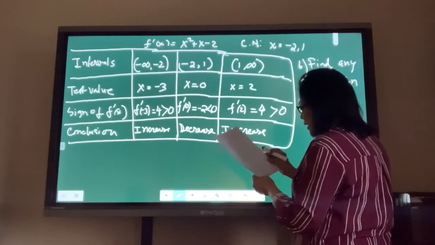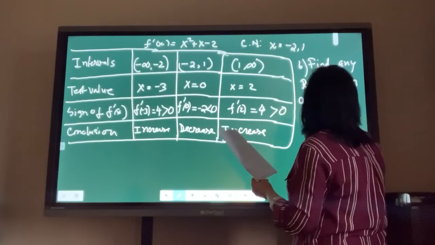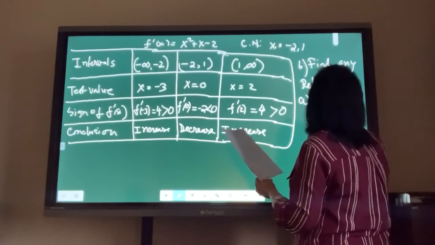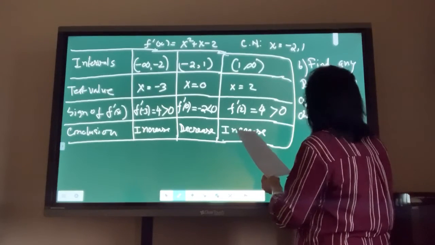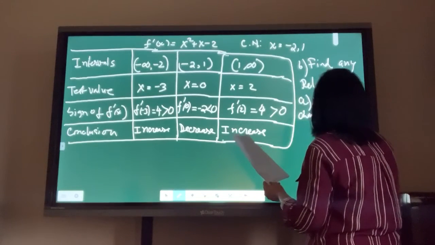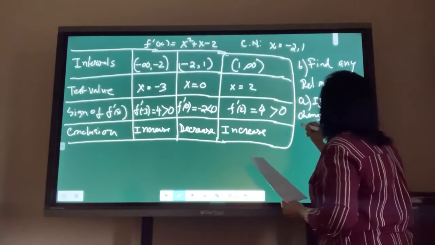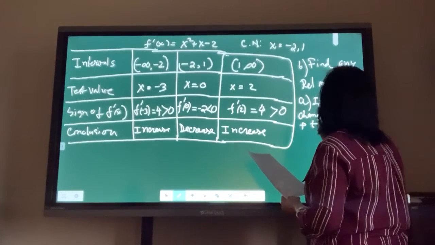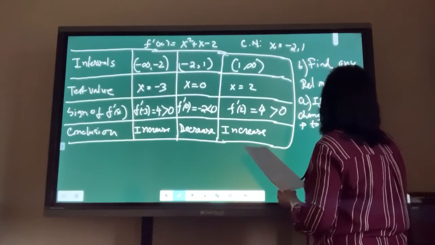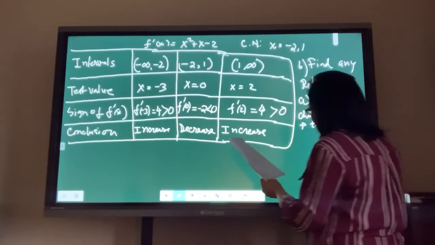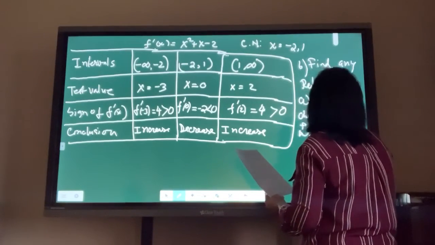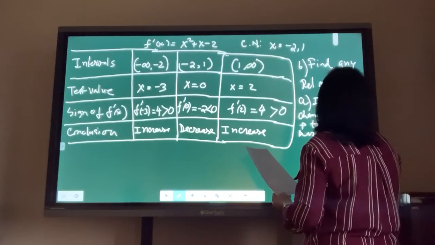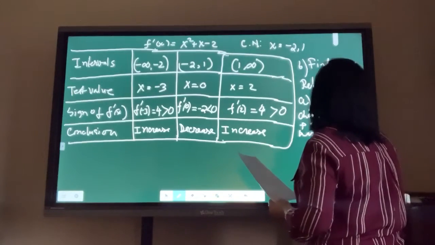Part A, if f prime of x changes from positive to negative, let's put it shortly, plus to minus, okay? Then it has a relative max. This is one of the definitions.